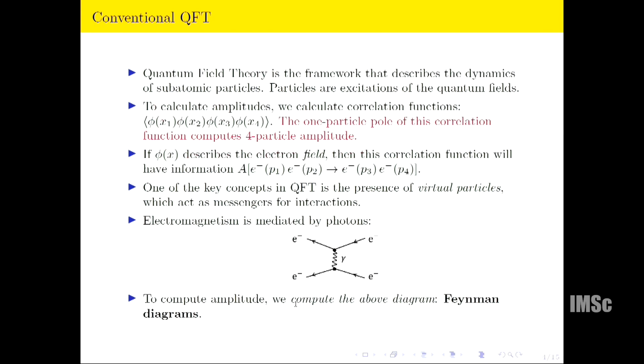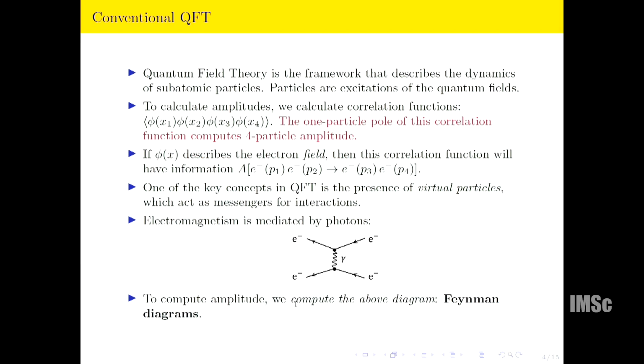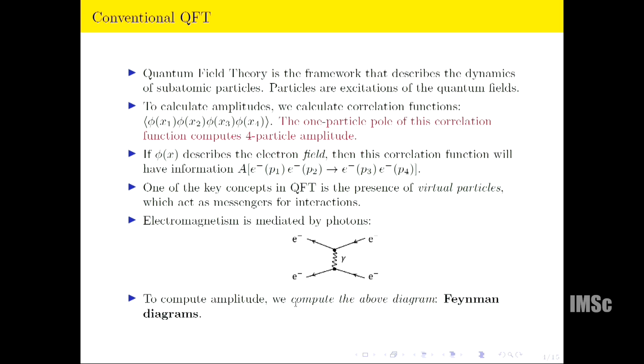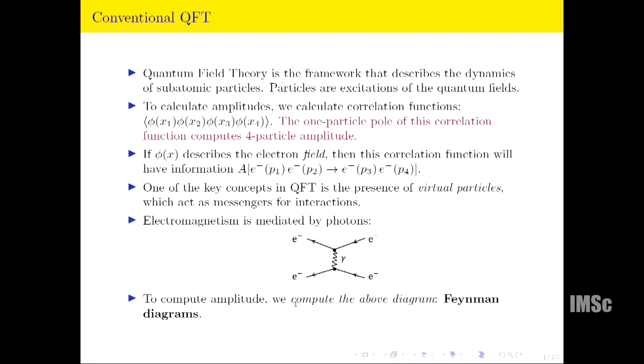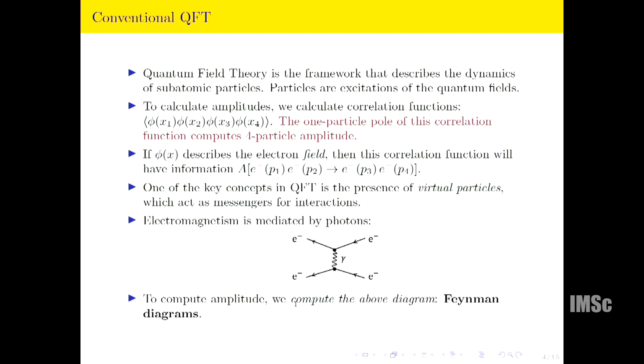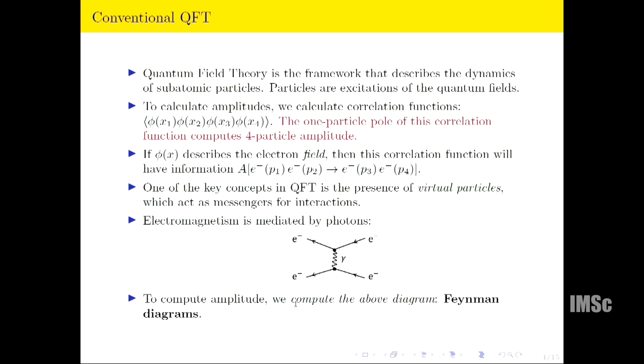So how do we calculate these scattering amplitudes? Quantum field theory is the usual way to do it, and what we do is calculate correlation functions. In quantum field theory, particles are merely excitations of the quantum fields, okay?